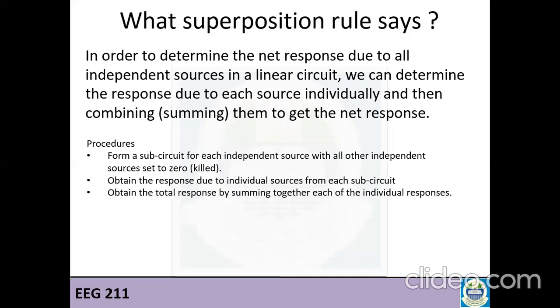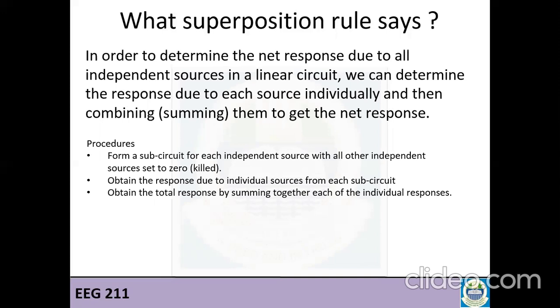What's the procedure? In superposition, the first step is that we form a subcircuit for each independent source with all other independent sources set to 0, or typically we say with all other sources killed.